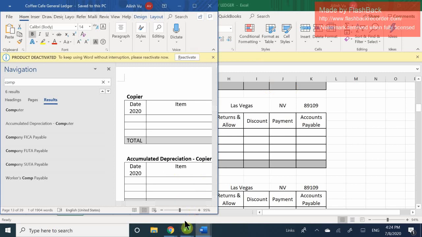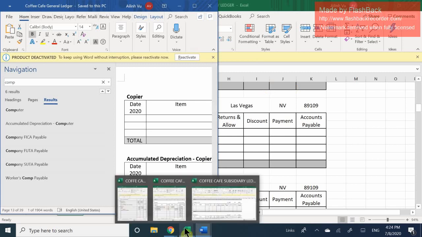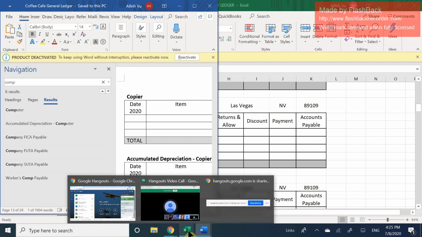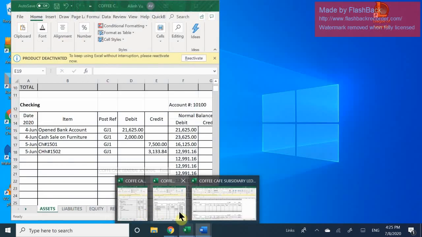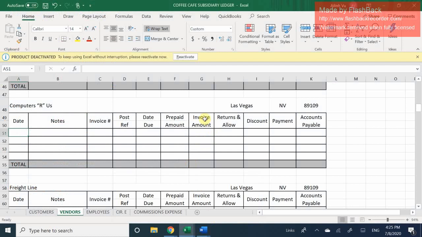Okay, so now that you completed everything, it says to post to the subsidiary ledger. So that's the third pile I told you to have: the list of all your customers and your list of all your vendors. Oh, okay. Let me see what that is. Oh, that's the Coffee Cafe check register? Is that what you're talking about? No. It's your list of customers and your vendors.